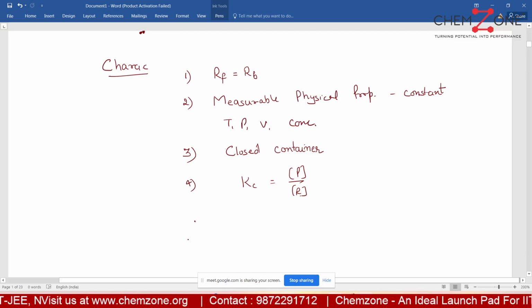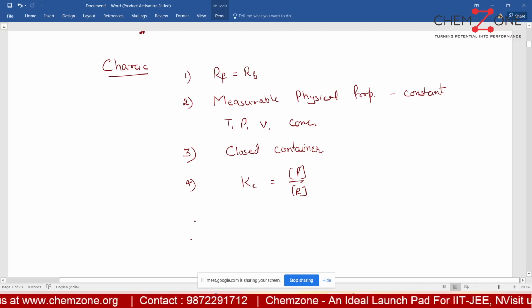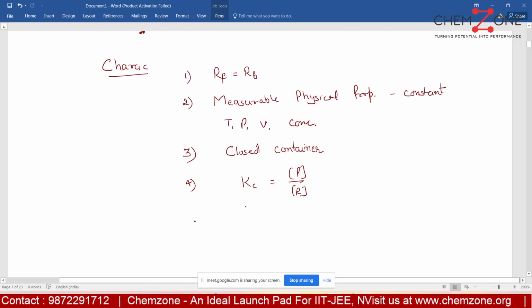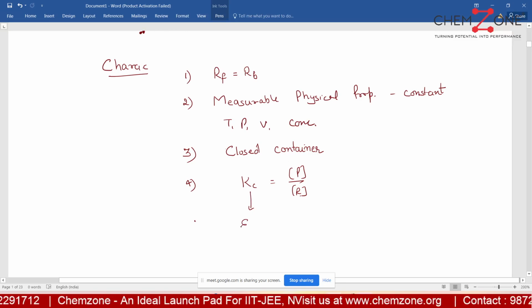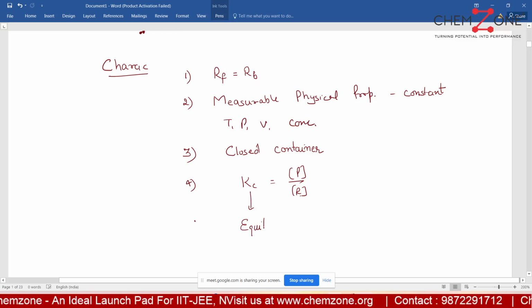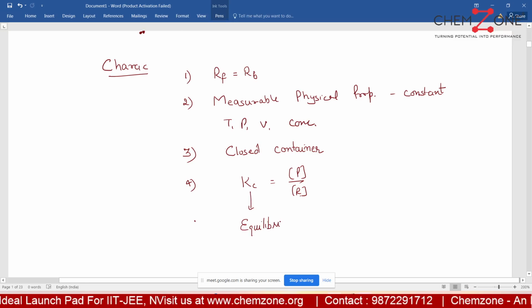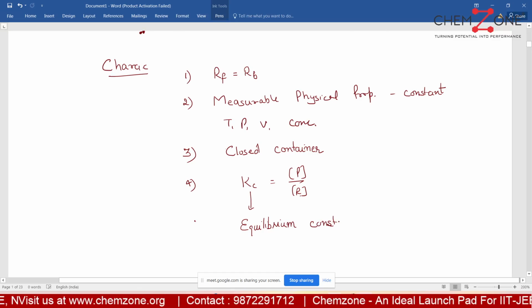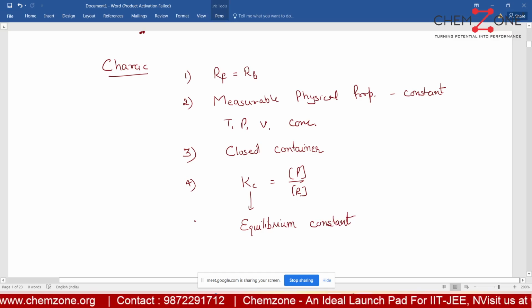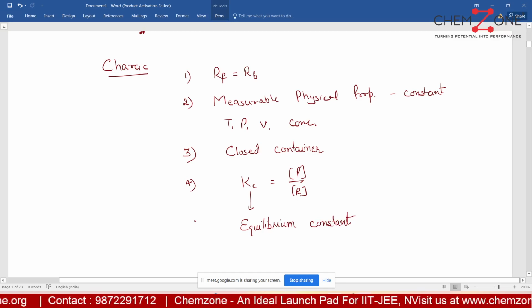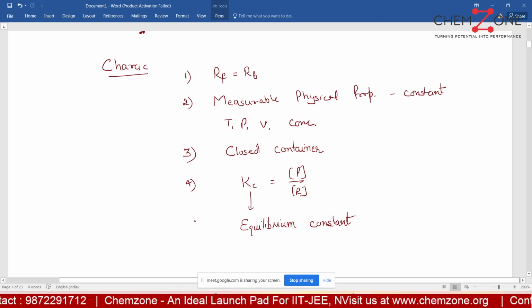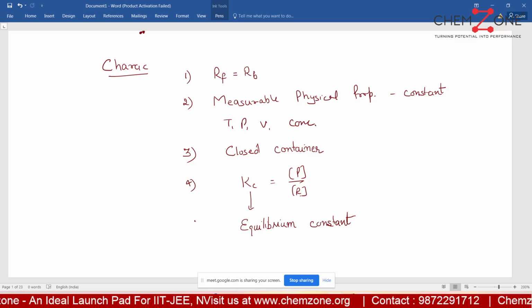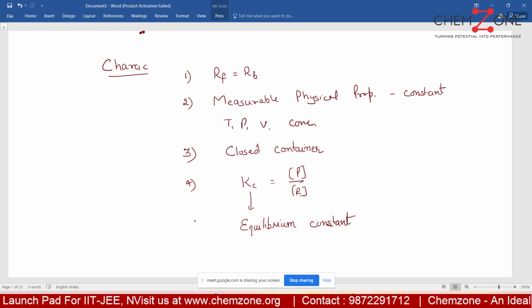These are the properties known as properties of the equilibrium. And this Kc is called an equilibrium constant. Am I clear?